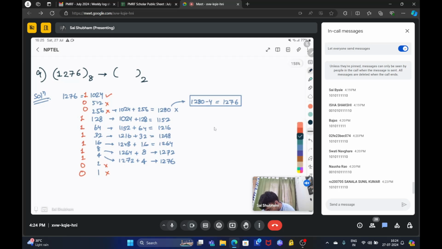The thing is that here I have represented everything in the decimal system. Okay. But the problem is that the number is in hexadecimal. Sorry, it's in octal.